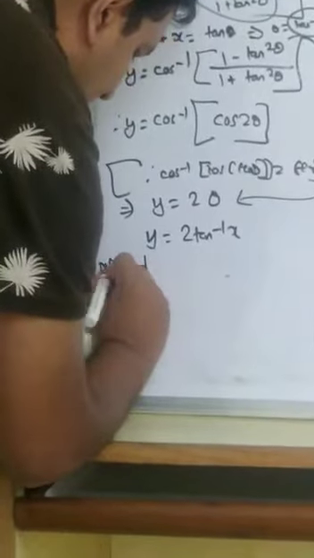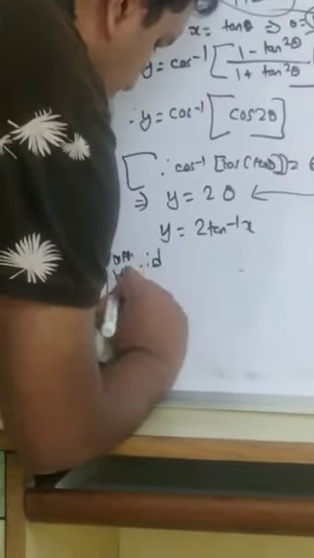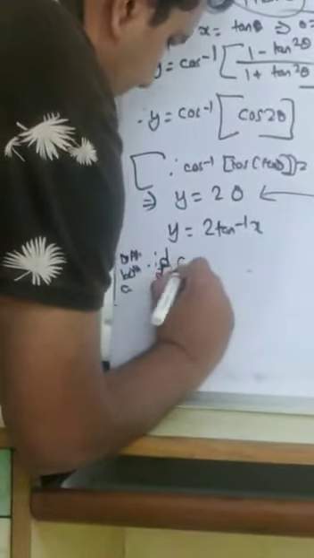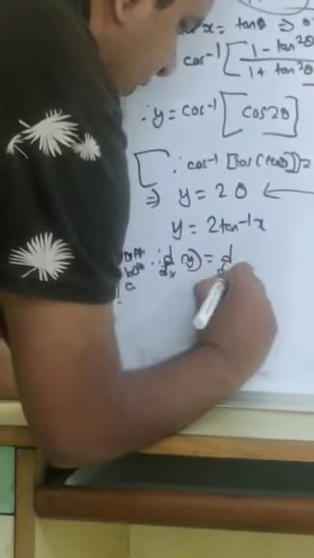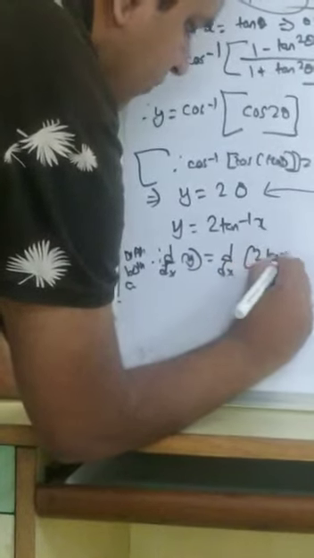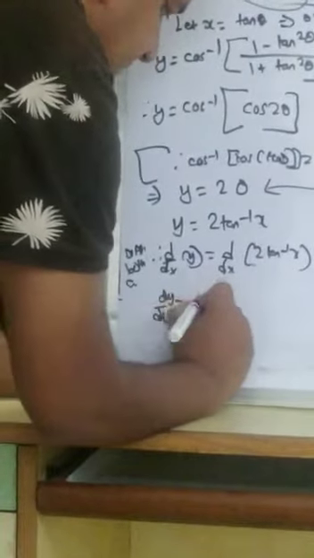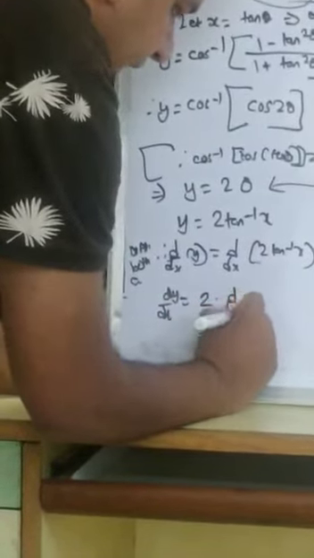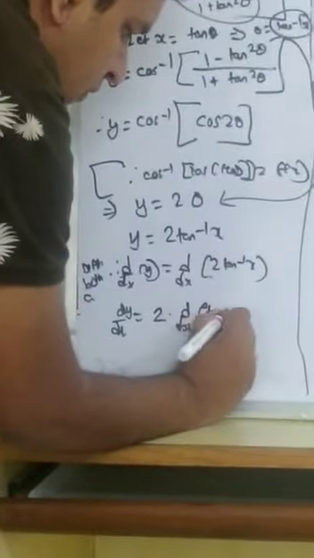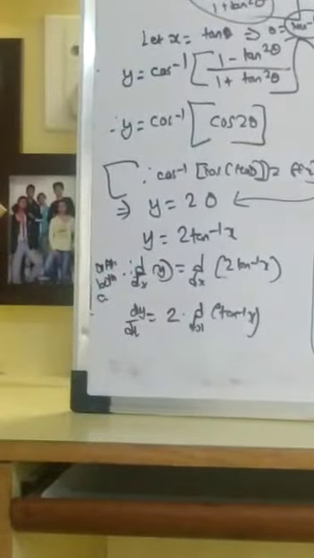And now I am differentiating both sides. d by dx of y is equal to d by dx of 2 tan inverse x. dy by dx is equal to 2 into d by dx of tan inverse x.